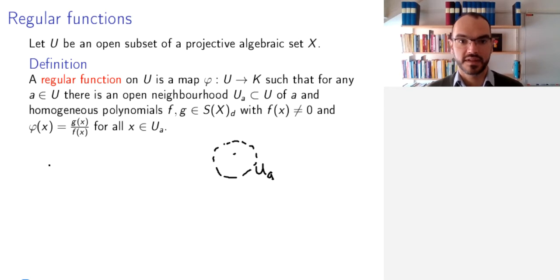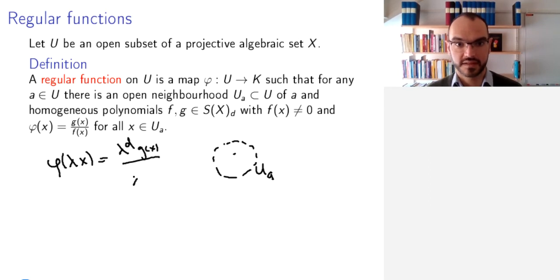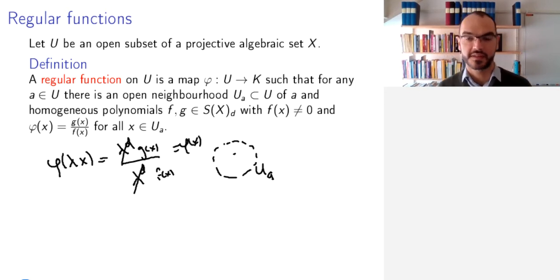And this is well defined because, writing in this sloppy way, phi of lambda x will be lambda to the power d g of x divided by lambda to the power d f of x, and these will cancel, so this is phi of x. So phi is well defined on the equivalence classes that are points in this set U.